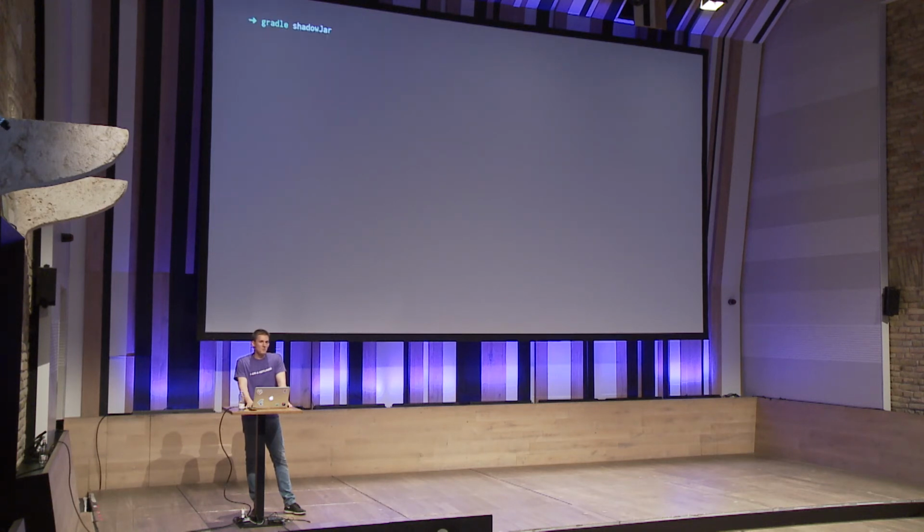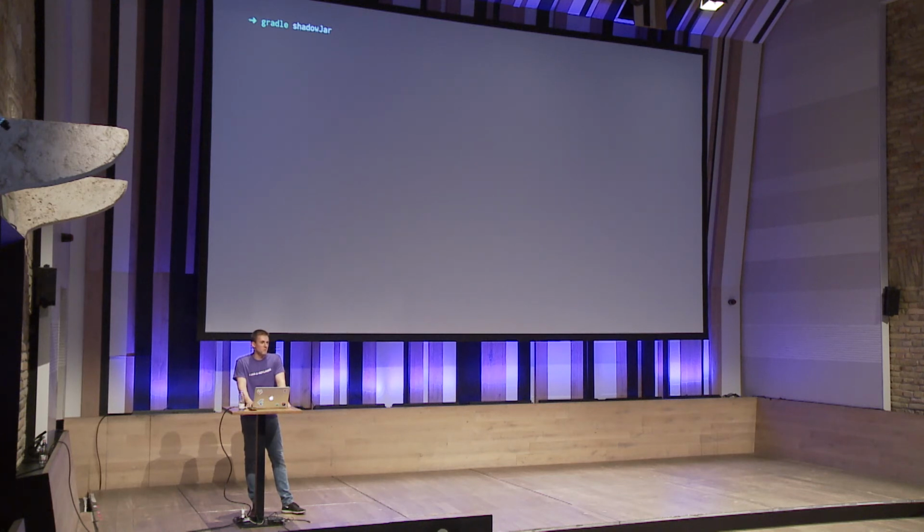So to be able to compile a native executable, first you have to build your project. Here I'm using Gradle with the shadow plugin. If you are not familiar with this shadow plugin, this is about basically to package your whole application into a single jar file. Sometimes it's called the Uber jar or fat jar.